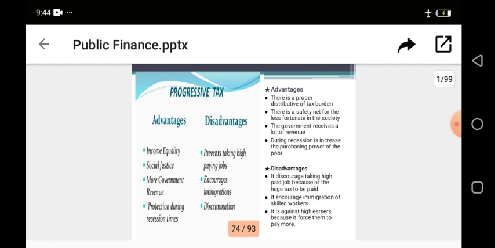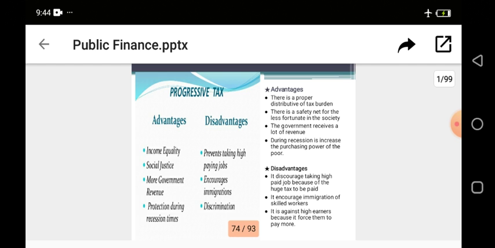Number two is social justice. When we talk about social justice, it is like a safety net for the less fortunate people in the society. A form of social justice is when you allow the poor to pay less and the rich to pay more. Another advantage is that it's a very good source of revenue for the government.